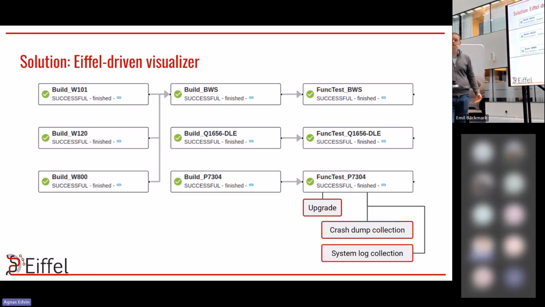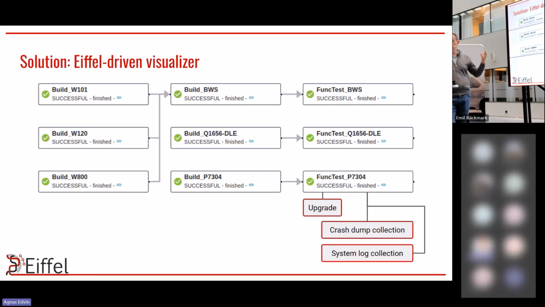We want to connect it to the currently running tests so we can present to the user that this particular test, when you did that, the kernel crashed. We also have general collection of the system log during this process. And again, if we do get a system crash, that could be exposed through the crash dump collection activity, the sub-activity of the actual test. And you could click that box and get the artifacts like the crash dump. You would be able to access the log of the activity and so on.